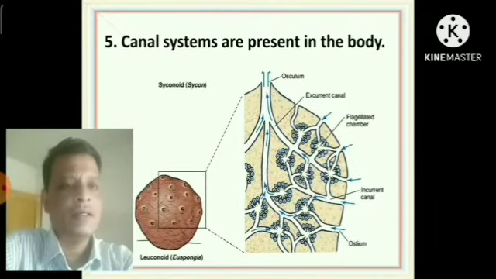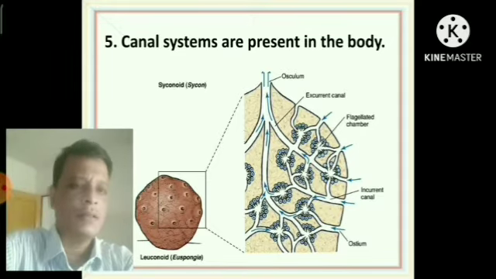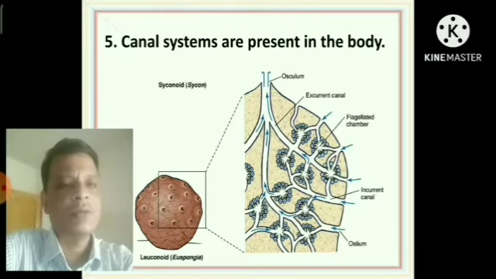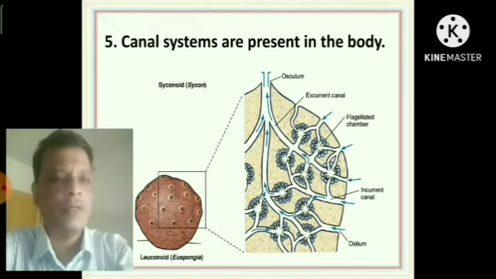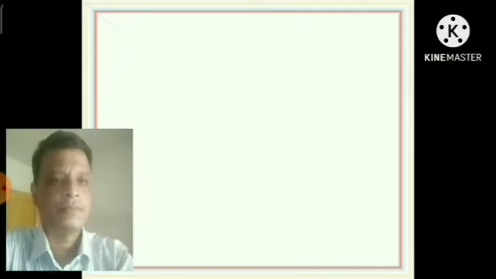Look at the figure here. There are canal systems, and through the canal systems, water can enter into their body. Actually, water enters the body through the ostia or pores and exits from the body through the osculum.